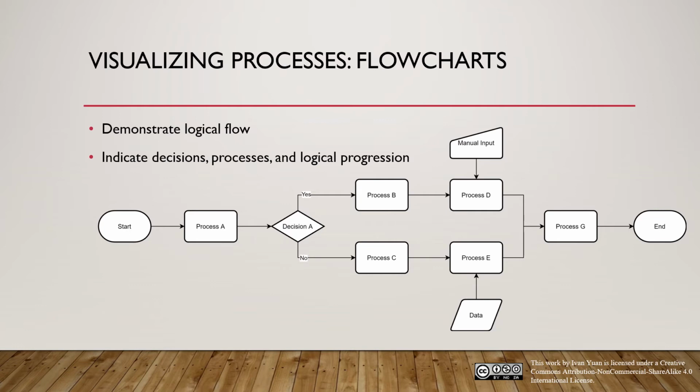For example, here I have a simple flowchart that shows some of the most important elements of a flowchart, including processes, decisions, manual input, data, the start and the end. And the arrows indicate your logical flow. And sometimes when you have multiple arrows, you label them to show which choice leads to which decision. For example, the yes and the no following decision A.